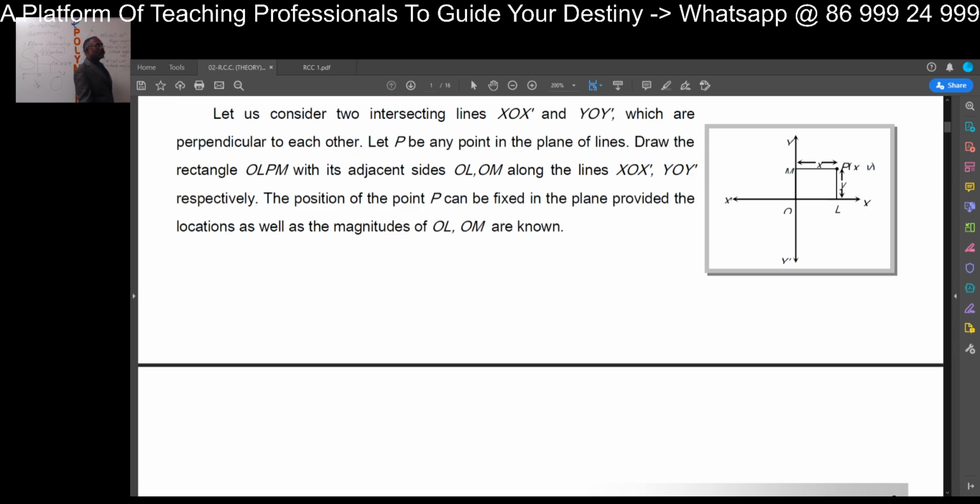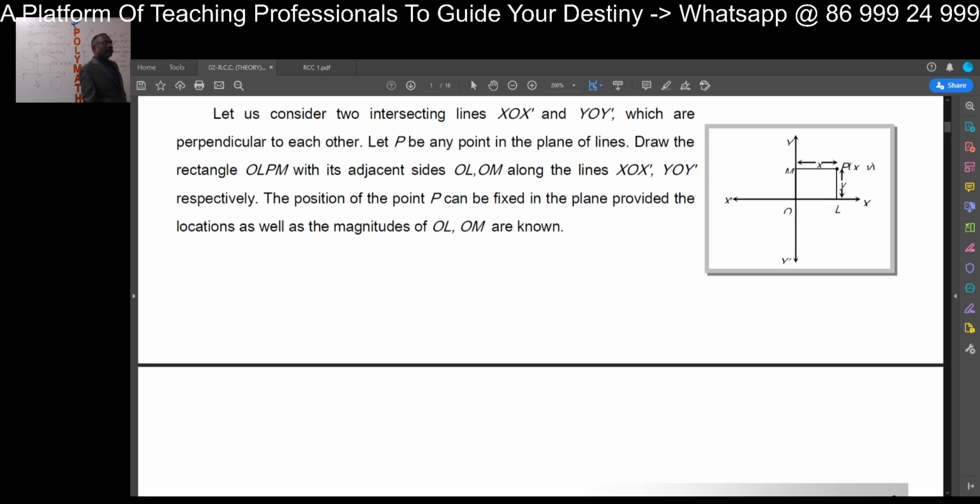If you take any point here, for example, I am taking a point here, minus 2, minus 3. See, if I take this point here, what is its distance from the x-axis?